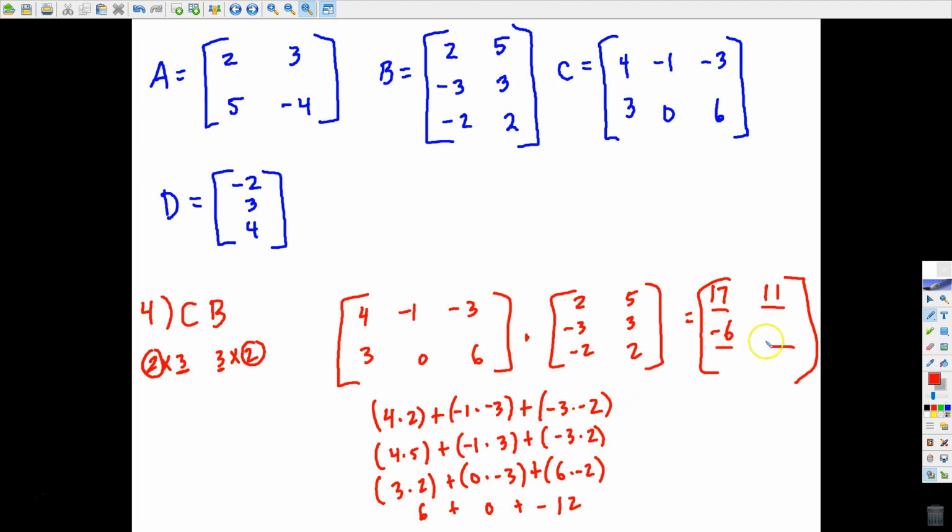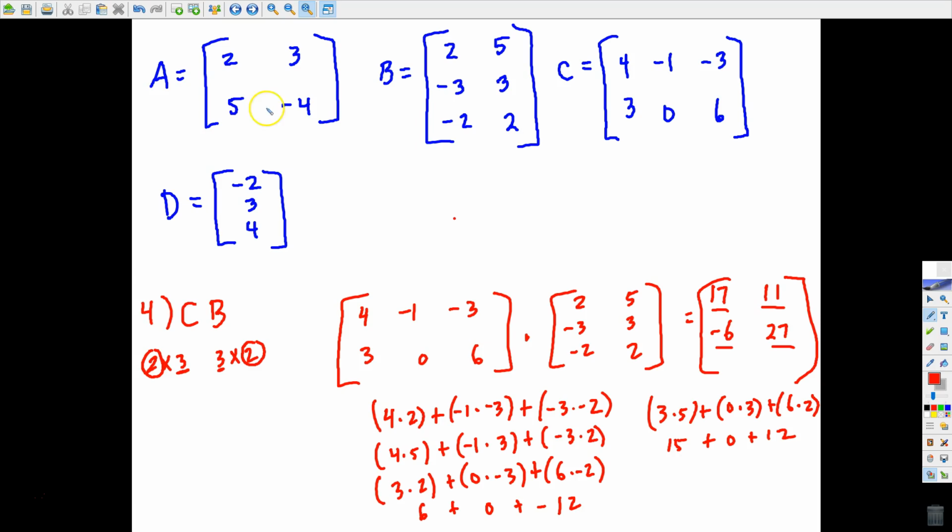And then finally, row 2, column 2, use row 2 times column 2. 3 times 5 plus 0 times 3 plus 6 times 2. So 15 plus 0 plus 12. 15 plus 12 is 27. And that is the answer for number 4.